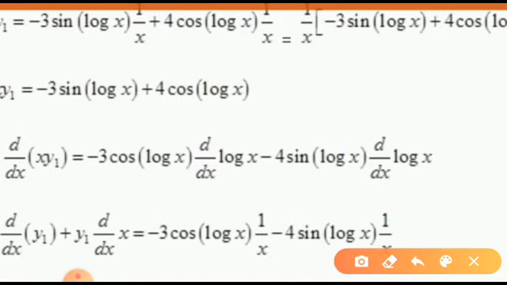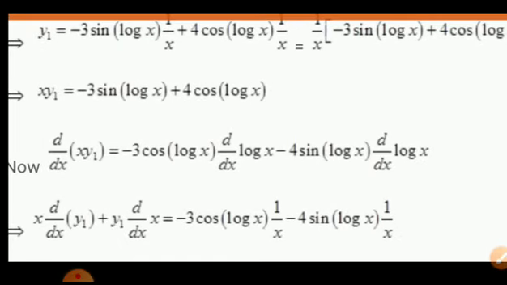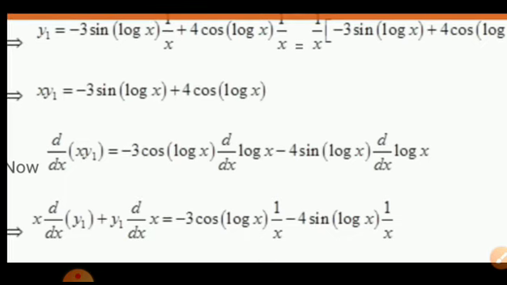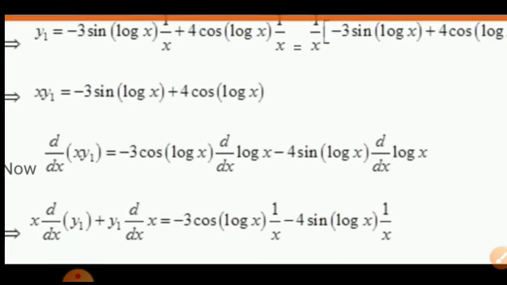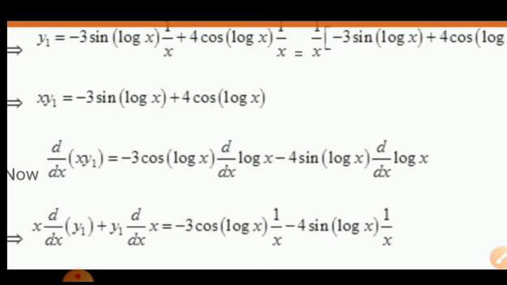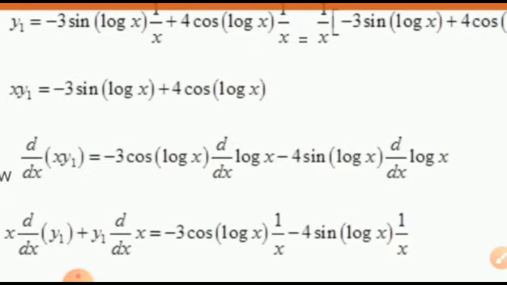Again, after simplifying, I have taken the 1 by x to the left hand side. So the left hand side will be x into y1, which is equal to minus 3 into sine of log x plus 4 cos of log x. After that, take the derivative. So it will be d by dx of x y1 is equal to, according to your derivatives, find the answer.